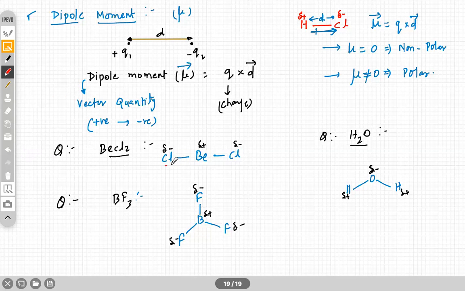Suppose for this one we have positive to negative in this direction because of this bond, and because of this one we have dipole moment in this direction. So you don't have to calculate the value here, like I said. Since it is a vector quantity, these two cancel out each other, right? So for this molecule, we can say mu is equal to 0, and when mu is 0, it is non-polar.